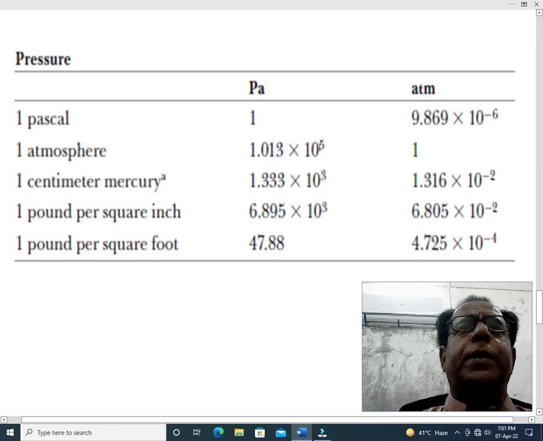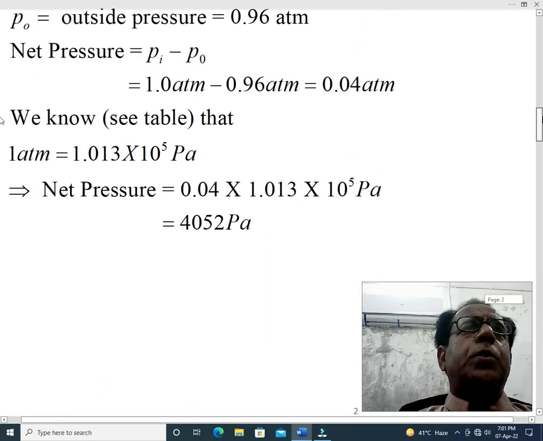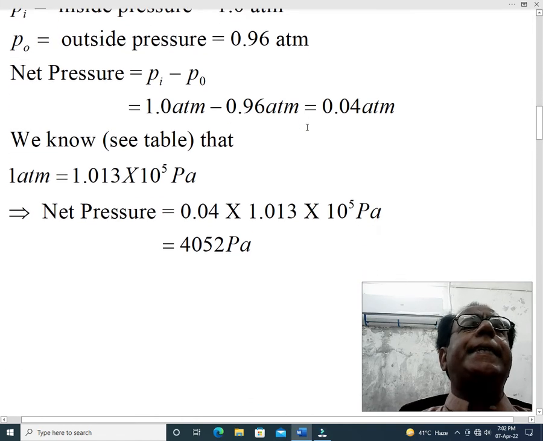So what we have said, we know from the table that 1 atm is equal to 1.013 into 10 raised to the power 5 Pascal.